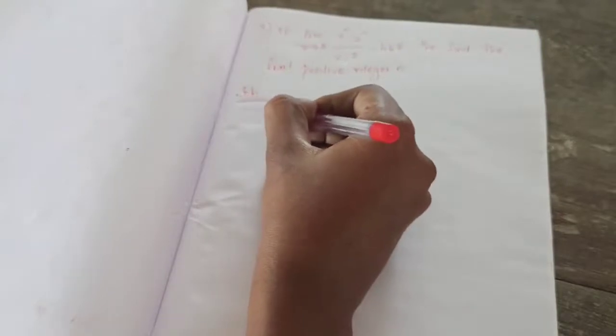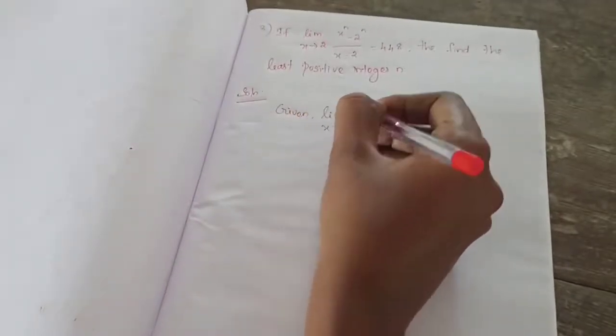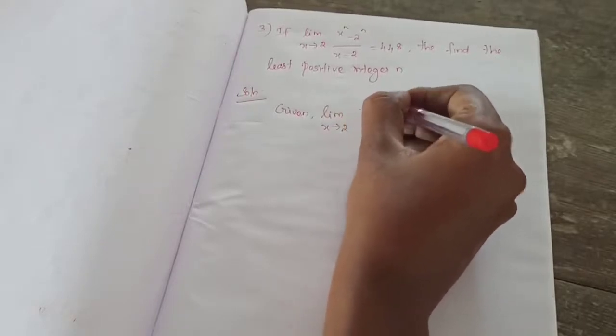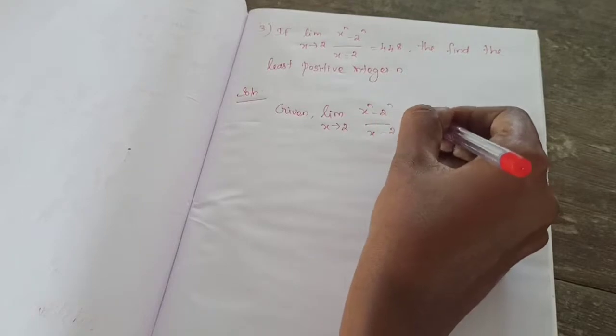Okay, given: limit x tends to 2, x power n minus 2 power n divided by x minus 2 equal to 448.